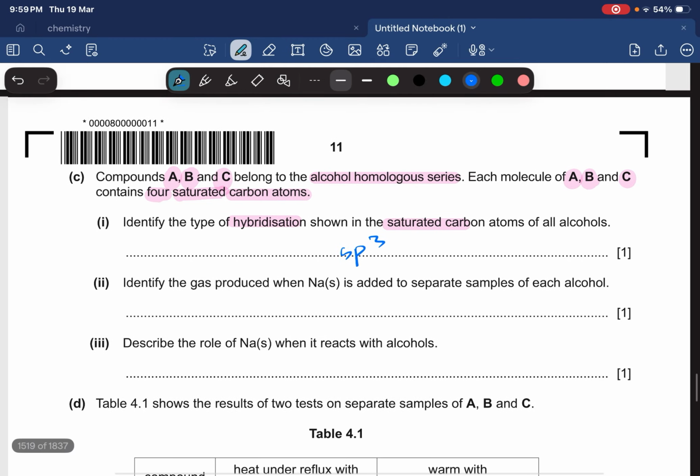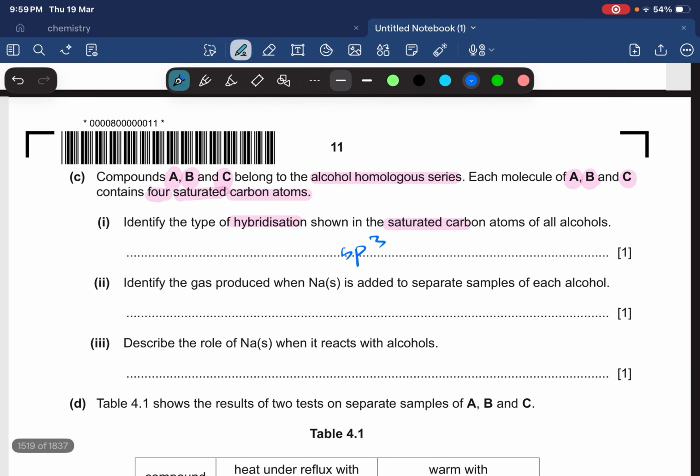Identify the gas produced when sodium is added to a sample of alcohol. We produce hydrogen gas. Describe the role of sodium when it reacts with alcohol. What sodium is going to do is make H plus ions go into hydrogen gas, in which they have a 0 oxidation state. So H plus is being reduced, and what's being reduced is an oxidizing agent.